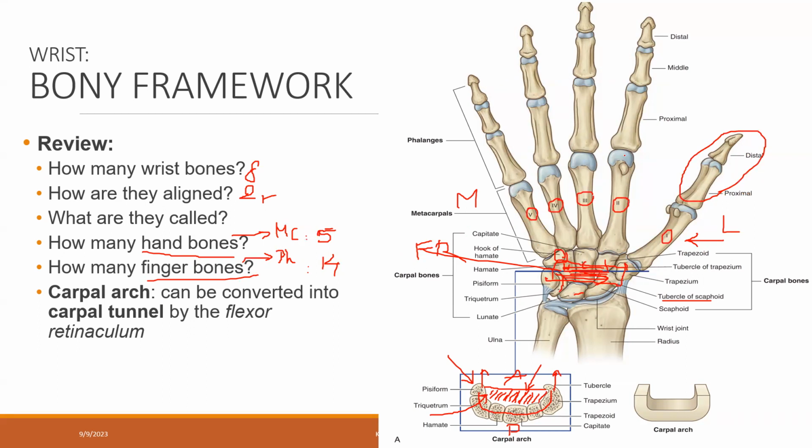From digit 2 to 5, you have 3 phalanges. The thumb only has proximal and distal phalanges, while the index finger and every finger after it has proximal, middle, and distal phalanges. That's why there are 14 rather than 15. Very good, and now we can move on.